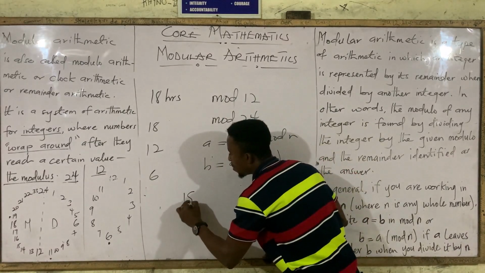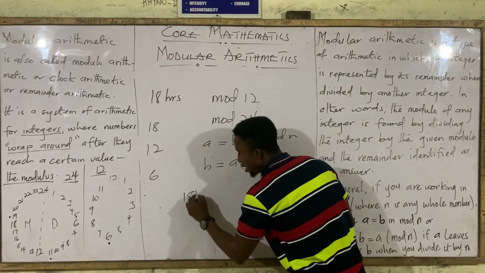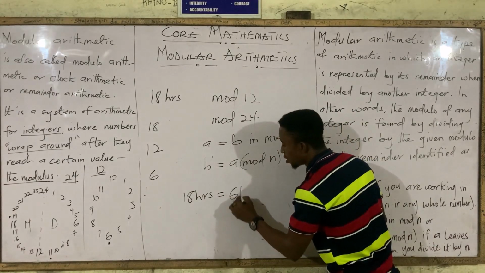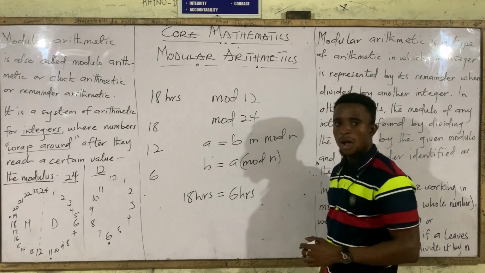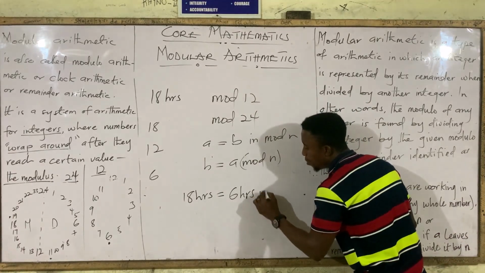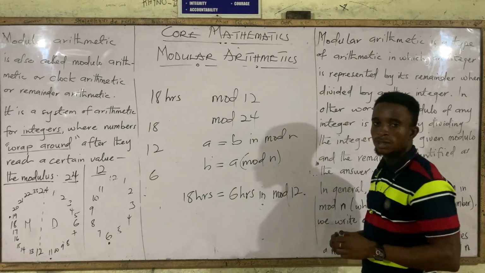I have that number, and the number that I'm converting, in the 12-hour clock, is equal to 6 hours. So we took which mode? In mode 12.